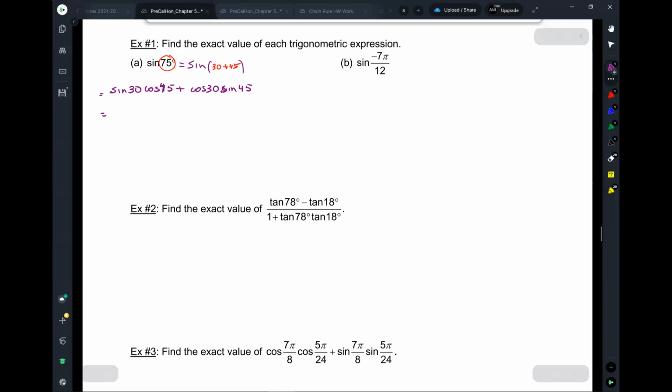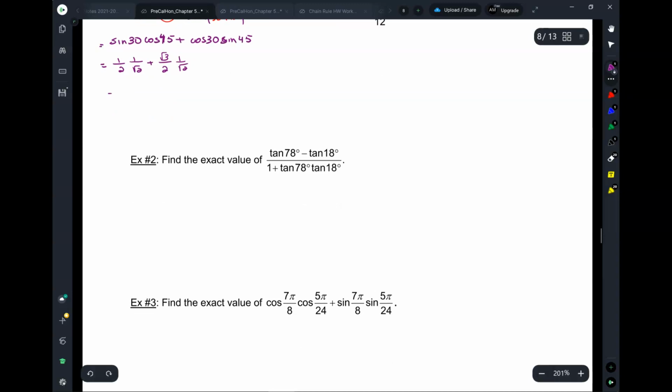I can totally find the values of each of these. Because do we know what sine of 30 is? Yeah, it's a half. What's cosine 45? 1 over root 2. What's cosine 30? Root 3 over 2. What's sine 45? 1 over root 2.